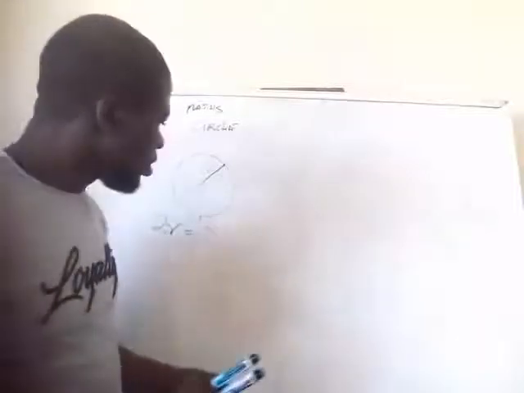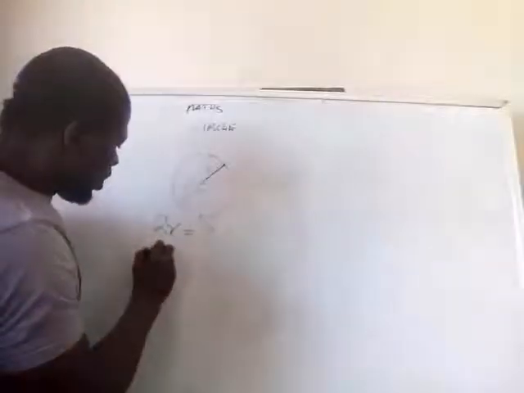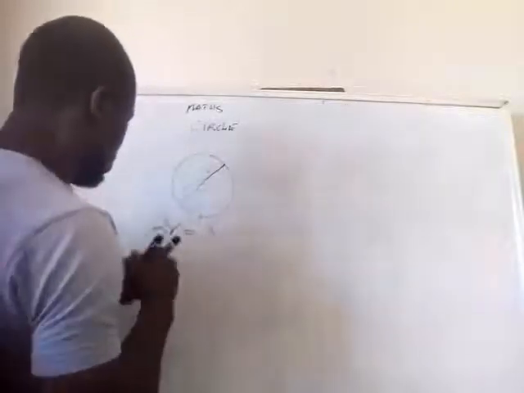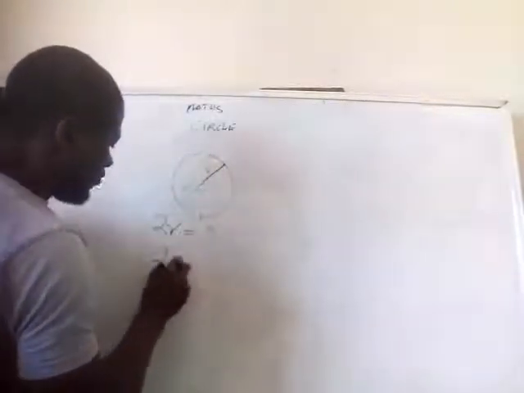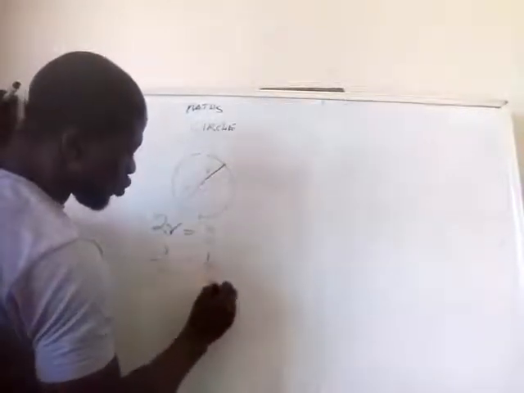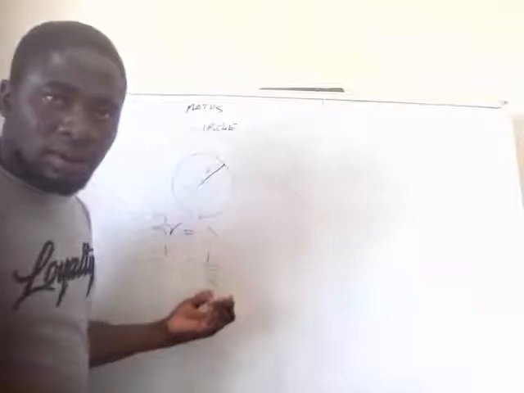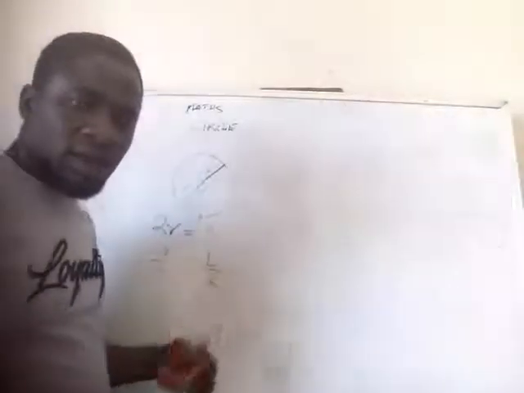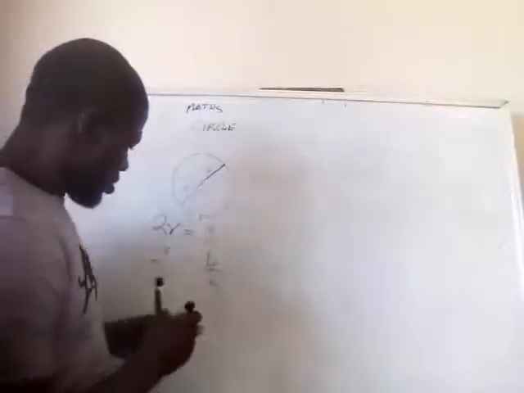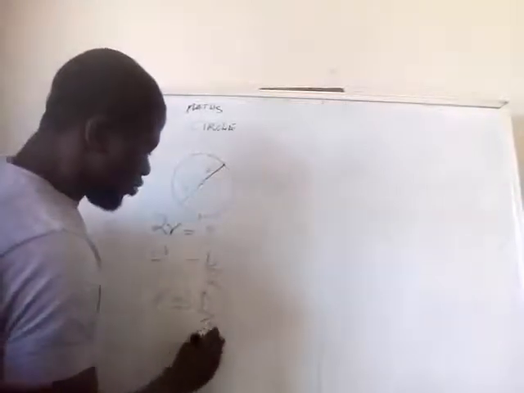Let's say we are looking for the radius. What we will do is divide the diameter by 2.